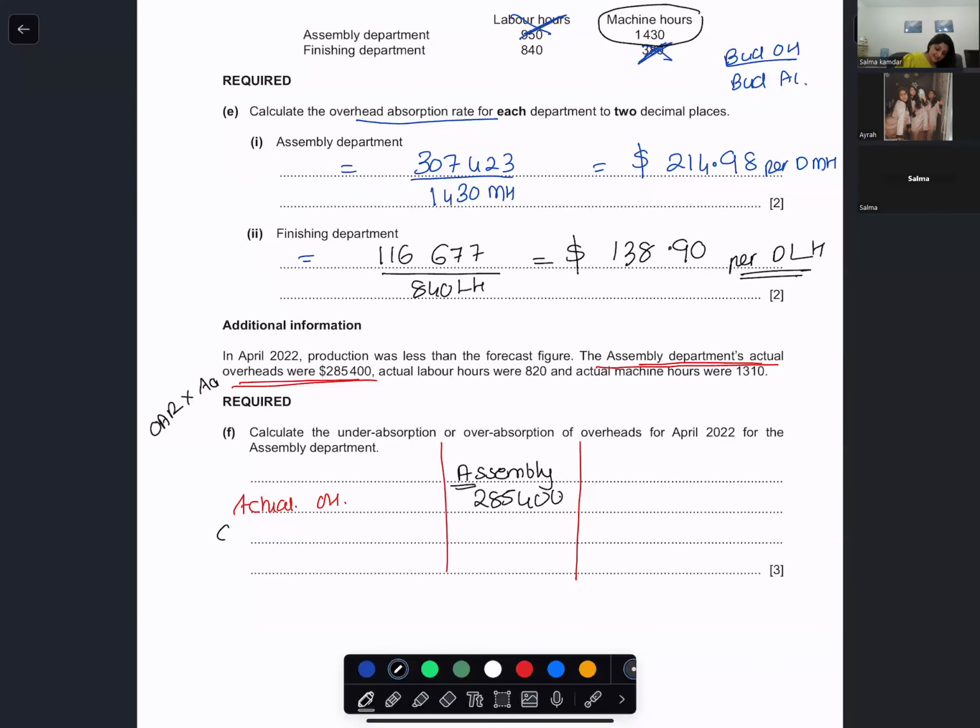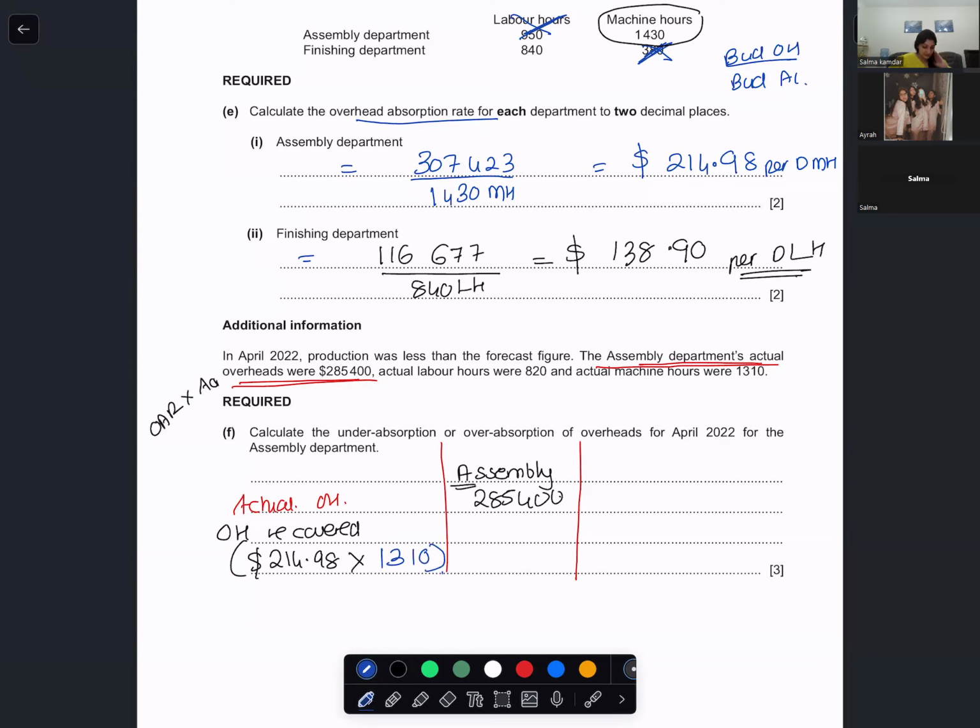Now overheads recovered. So it is $214.98 into 820. Labor intensive will be 1310, so it is into 1310.